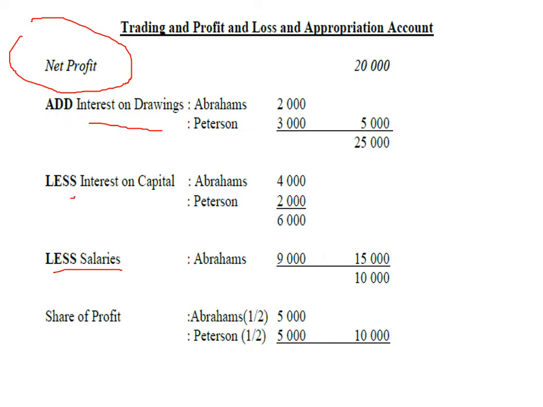Any net balance, which is 10,000, you actually share among the partners. In this case, this is a surplus, which we regard as profit, so you share the surplus or profit between the partners. If it is a loss, then you have to share the loss between the partners according to their profit or loss sharing ratios, or according to what has been stated in the partnership agreement.